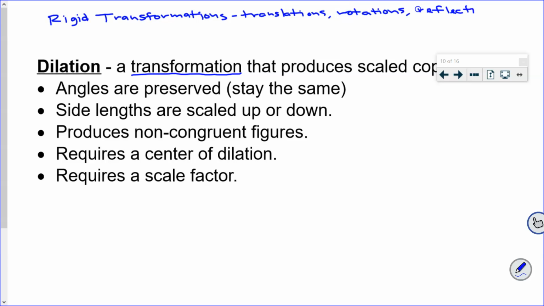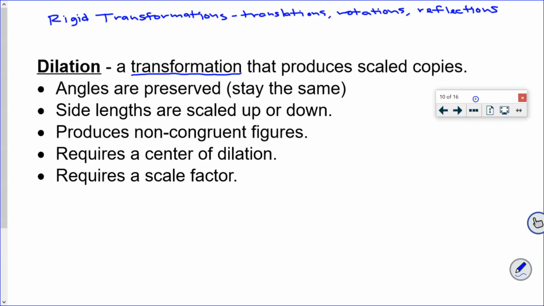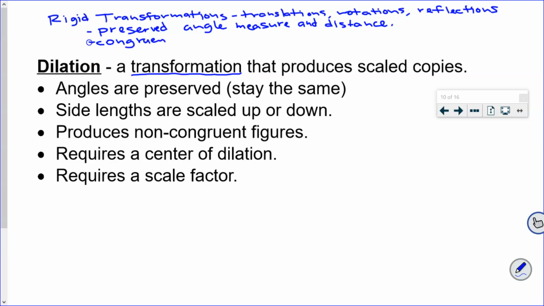And when we talked about these rigid transformations, we also understood that these rigid transformations preserved angle measure and distance. Therefore, they produced congruent figures. Nothing new there. That's basically a summary of all of Unit 1.